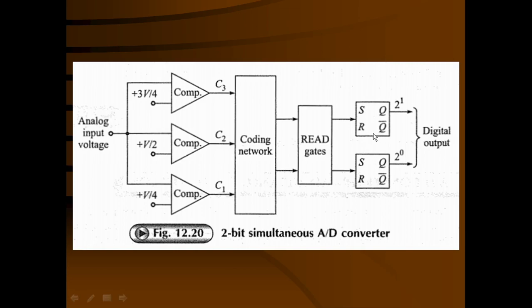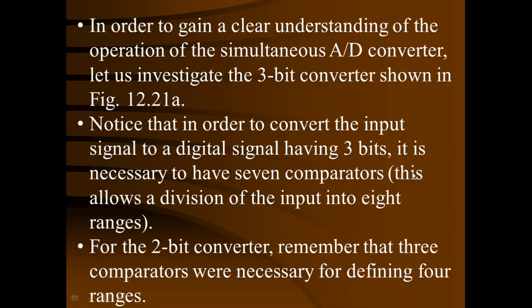This is a simple, basic RS flip-flop. And that data is going to be digitized, and that data is going to be of 2 bits. The lower bit, that is LSB, is going to be the 2 raised to 0 bit, and MSB is going to be the 2 raised to 1 bit. So there are 4 combinations, either 00, 01, 10 or 11 combination of the digital output.